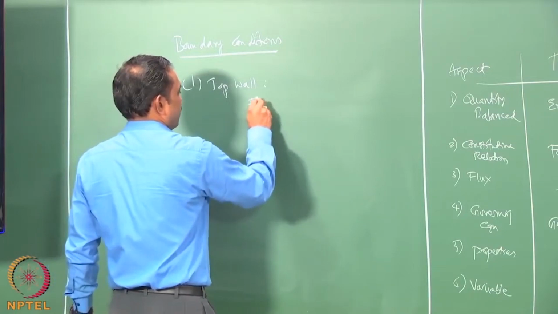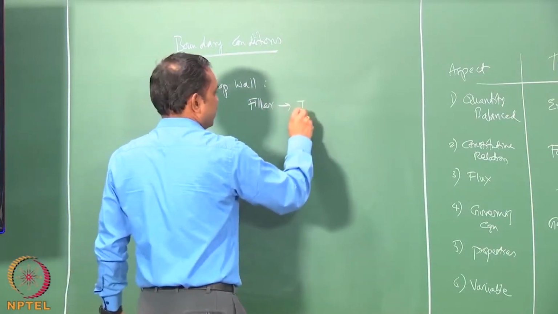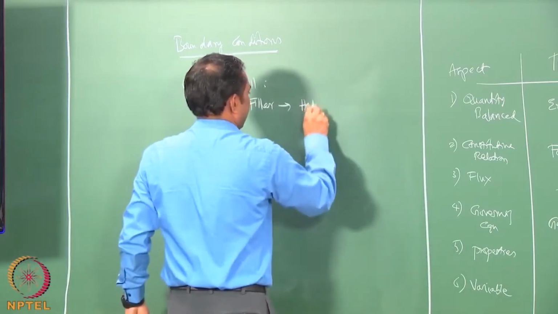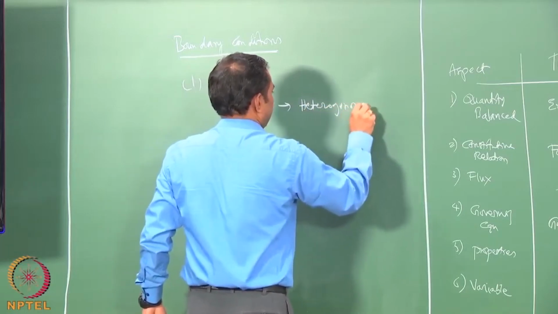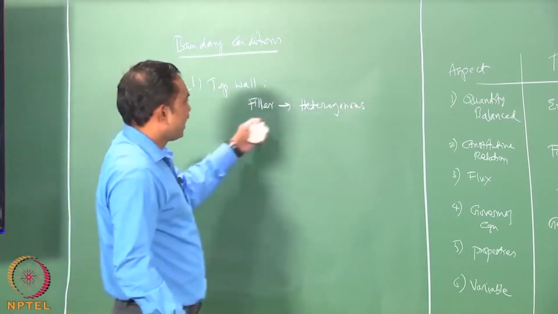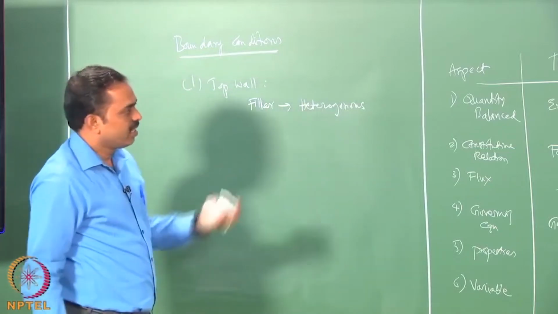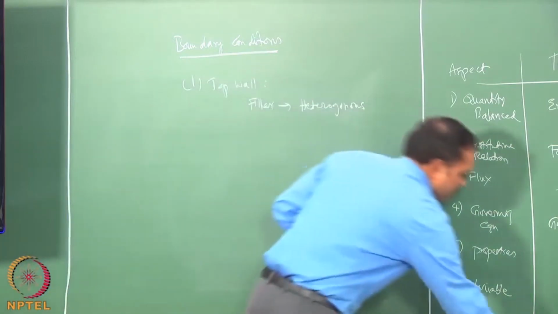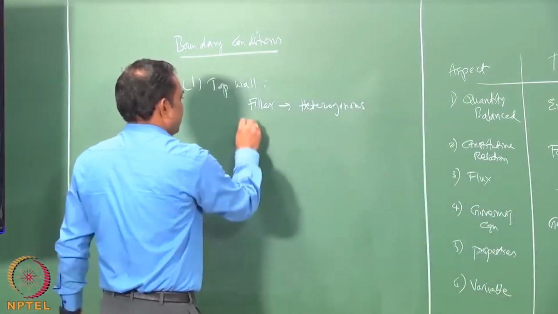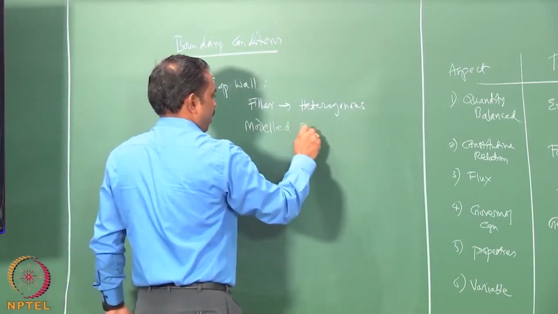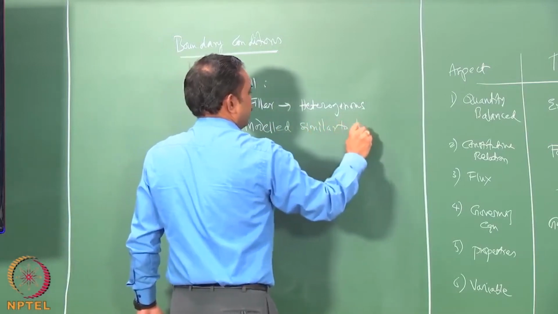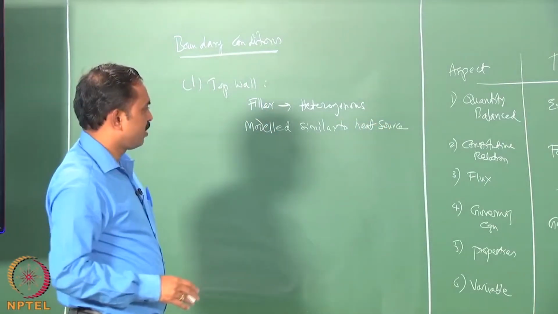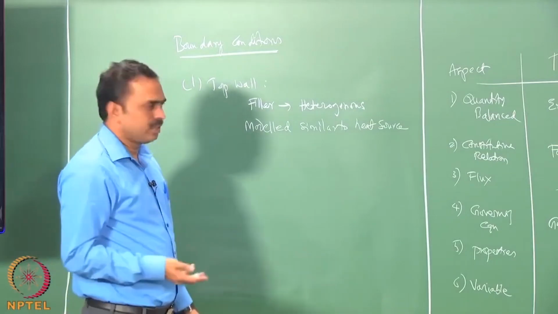So, watch out if there is a filler and if it is inhomogeneous or heterogeneous filler, which means that it is different from the base material, then you do have addition of mass from the surface of the pool, and that should constitute the mass flux coming in from the top, and this can be modeled similar to the heat source, because the distribution of the species from the wire is very similar to that of heat also.